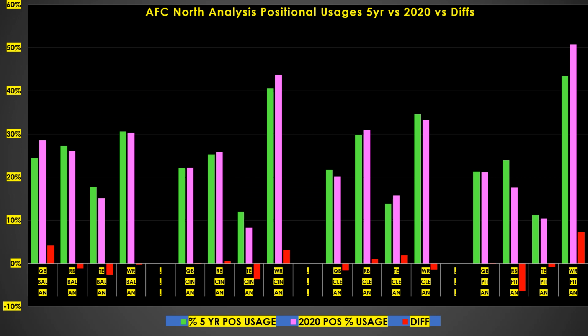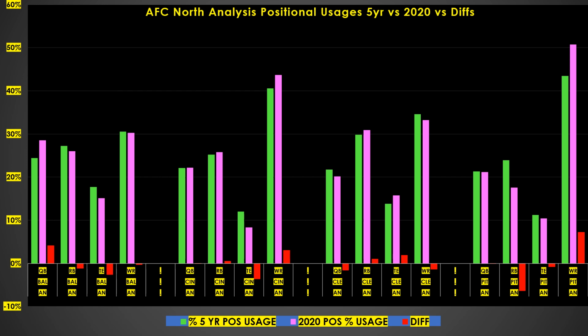Here's the visual here. Cincinnati got a little bump with their wide receivers. Pittsburgh, big bump, but in their running back. So as one went down, one went up. So you never know how that's going to fit. The wide receivers may come closer, but still coming from 51% down, you're still probably guaranteed that at least two of the 3 or 4 are going to be worth your investment time.